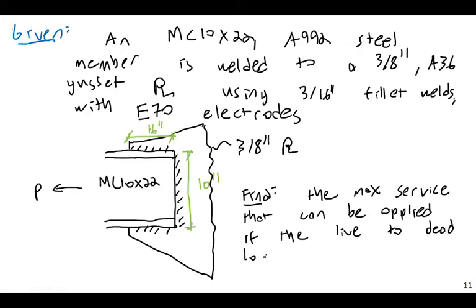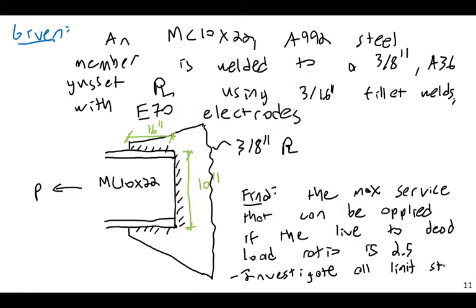And then investigate all limit states. So we want to look at all the different ways this member can fail and all the different ways the welds can fail, the base metal, all this kind of thing. Okay, so let's work through this.